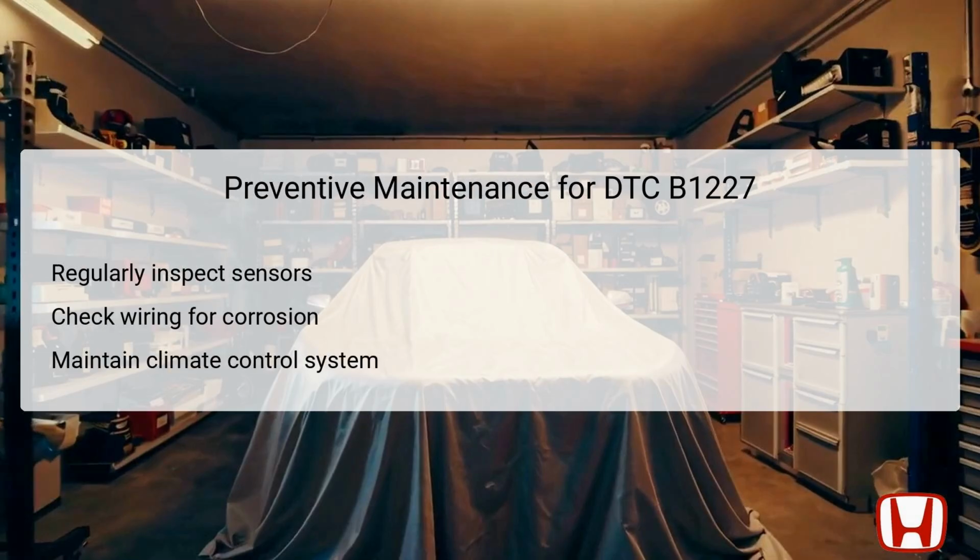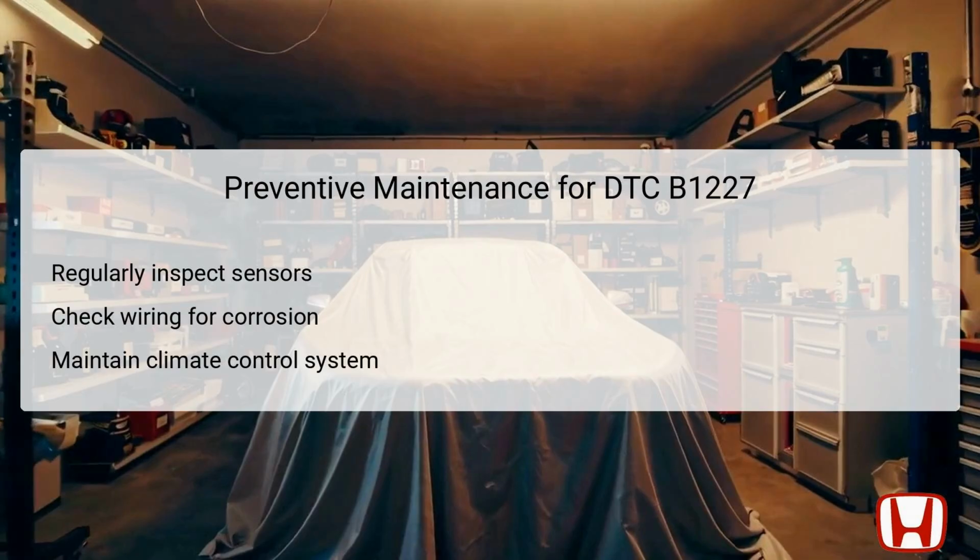This step is crucial not only for confirming successful repairs, but also for ensuring the vehicle's overall performance and reliability. Preventive maintenance is essential to ensure that the outside air temperature sensor and the climate control unit function correctly. Regular inspections of the sensors can help detect any early signs of wear or damage before they lead to DTCs or other issues.